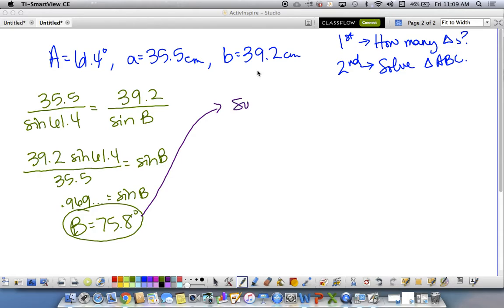So my supplementary angle to the angle we just found equals 104.2 degrees.